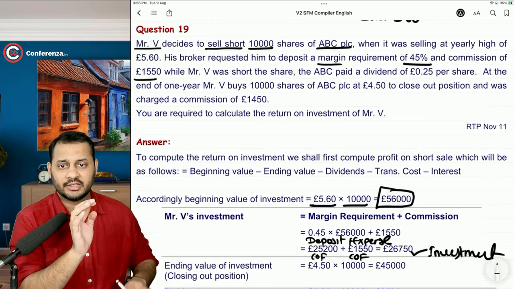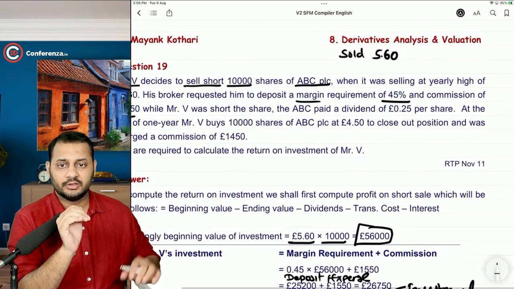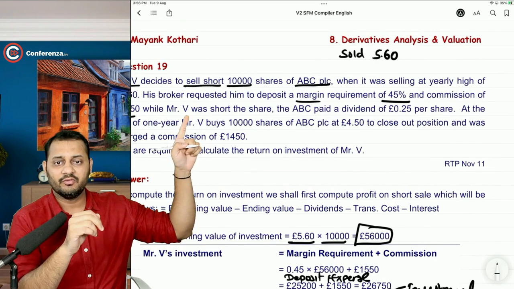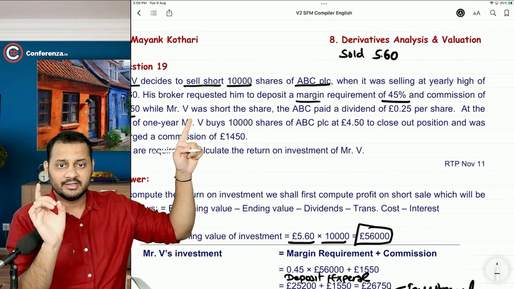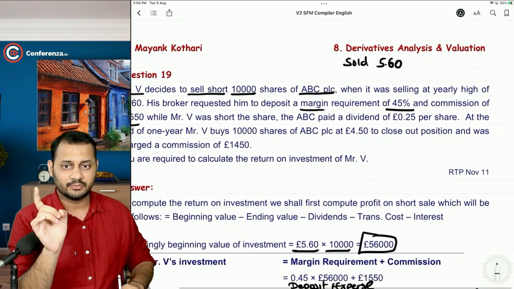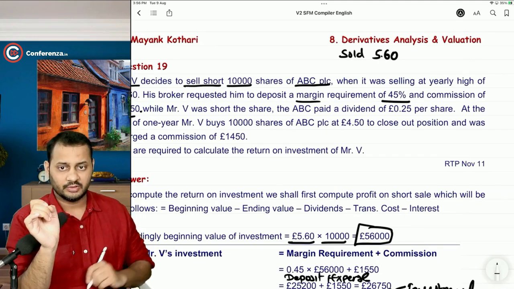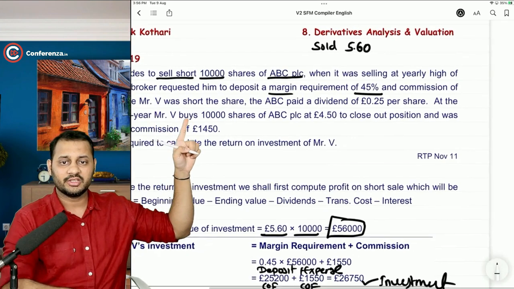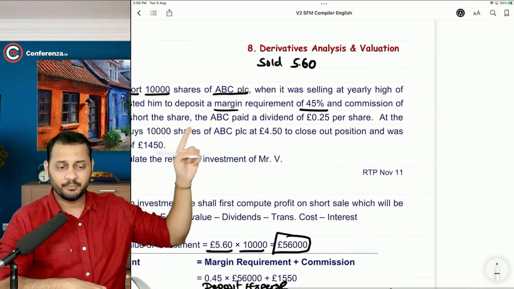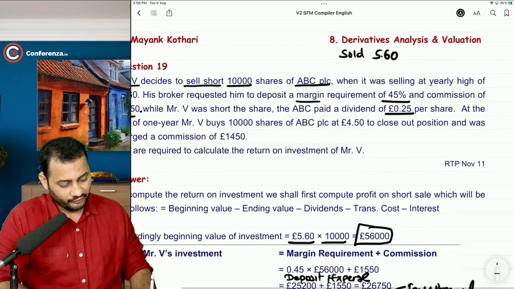Now understand. While Mr. V was short the share ABC, now understand this point. From this we can say: while Mr. V was short the share ABC, the company paid a dividend of 0.25 per share.